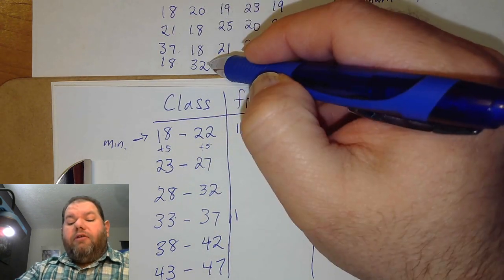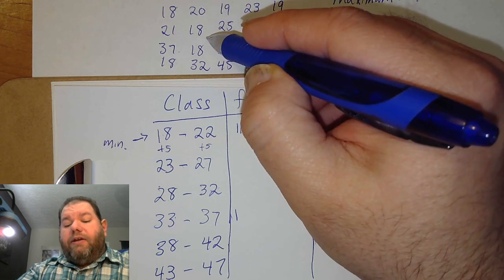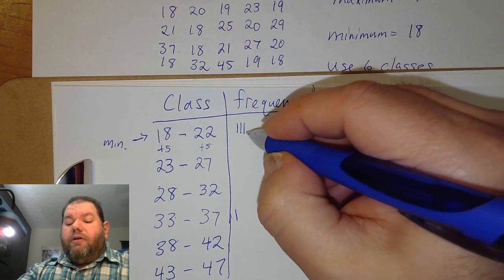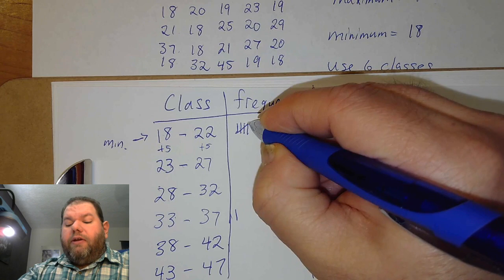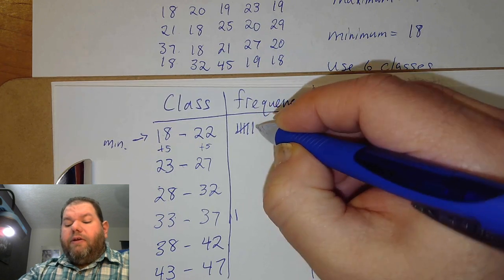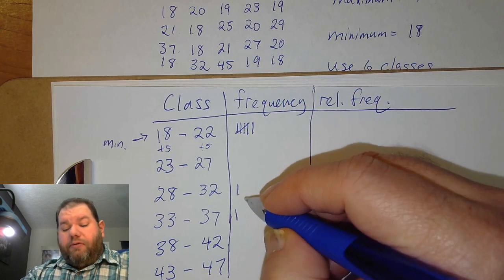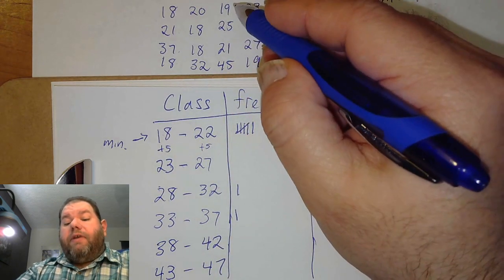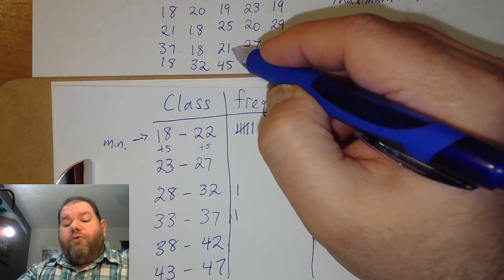Our second column: 20, 18, 18, and 32. Then we have 19, 25, 21, 45.